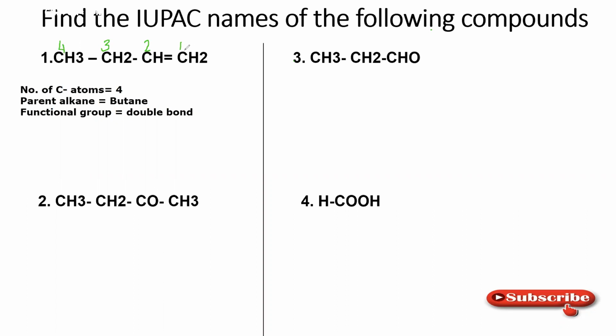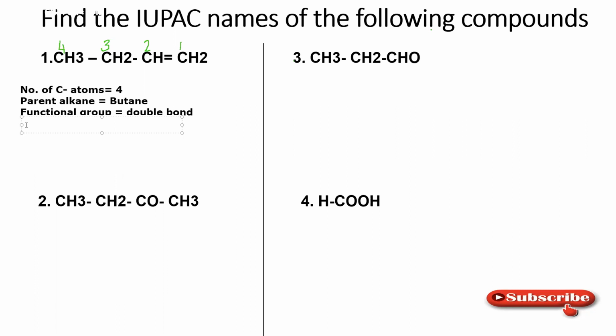So the first carbon is carrying the double bond. It will get number 1. So we have to number from right to left. Now, if the functional group is attached to the first carbon, then no need to mention the number. Otherwise, it is compulsory to mention which carbon the functional group is present on.